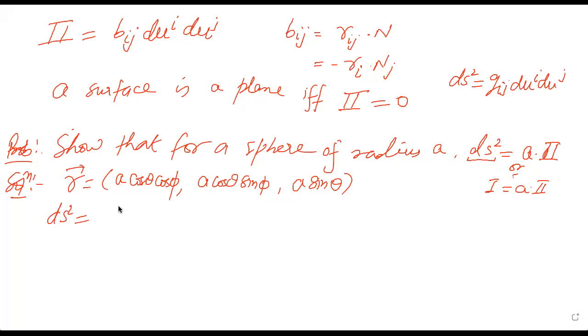ds² was coming a² dθ² plus a² cos²θ dφ². How will this come, tell me? How did it come? What do I have to calculate here?